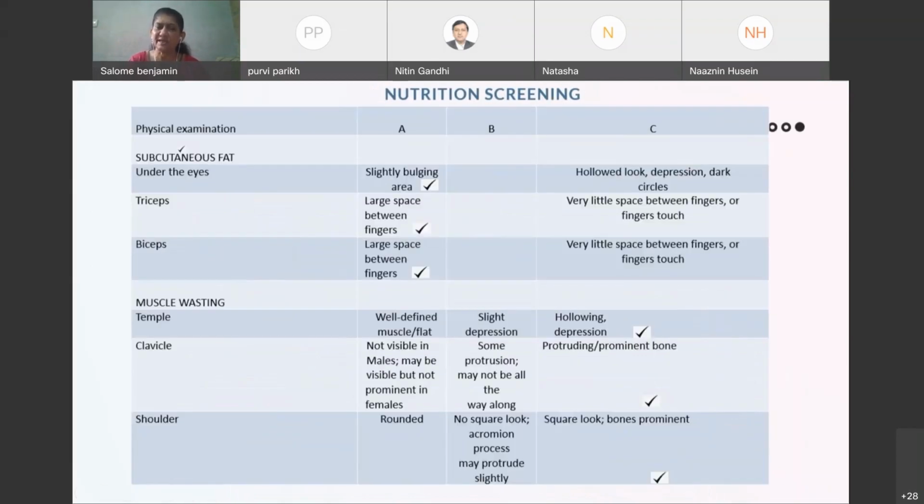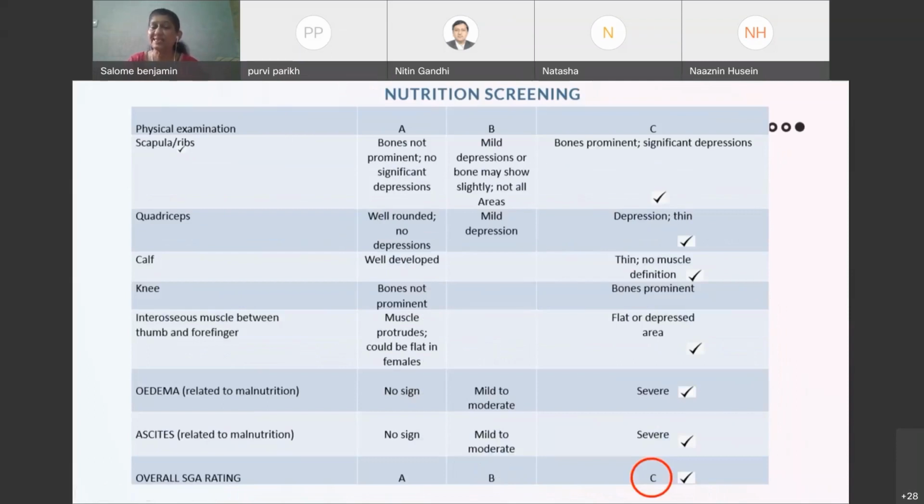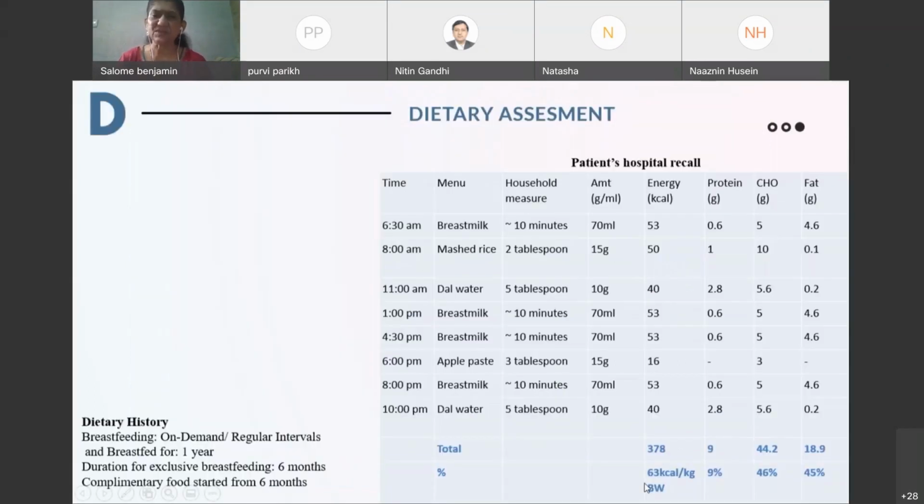This is the table which you will use for your physical clinical examination, nutrition focus, and relate it with these parameters. I'm not going to go into detail. As a nutrition dietitian, everybody should know this table is there, on the second page of SGA, and this is your clinical examination.